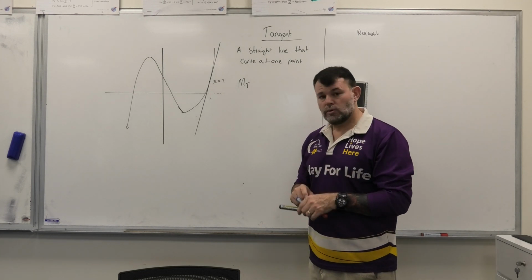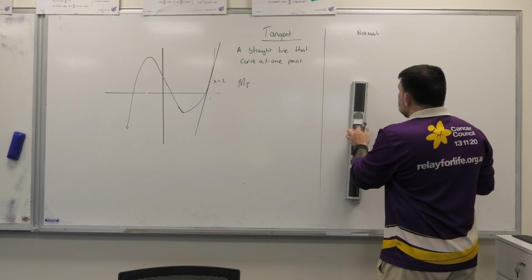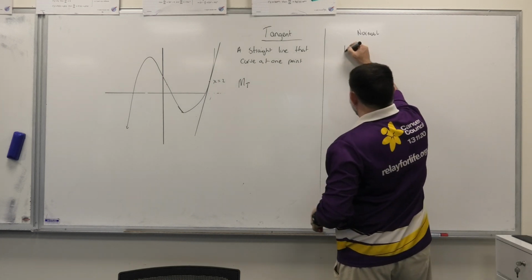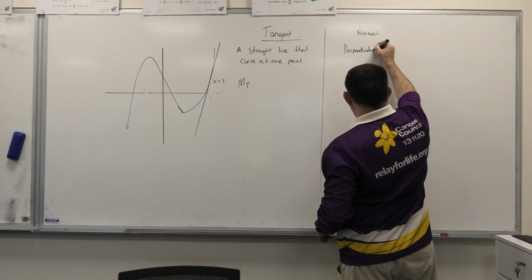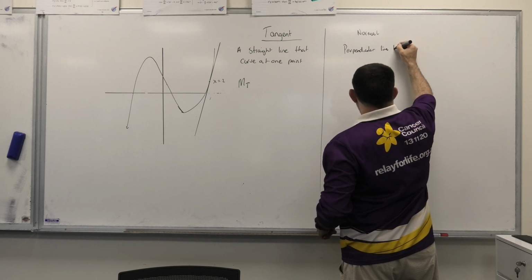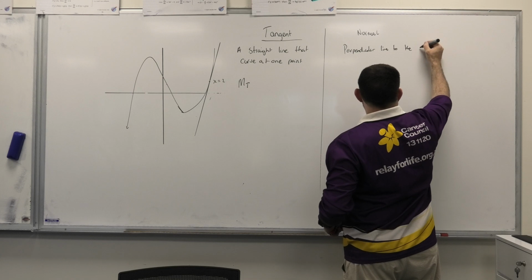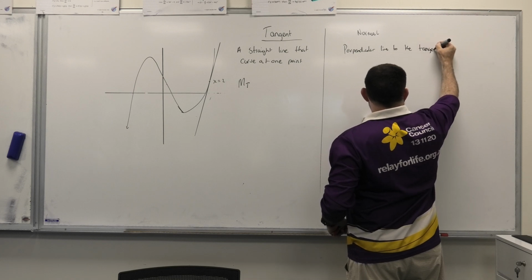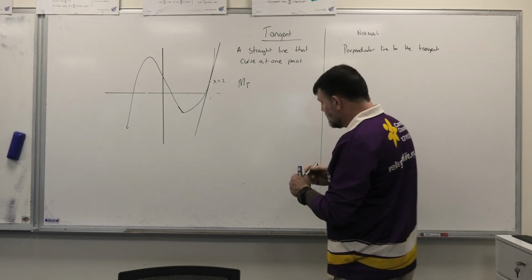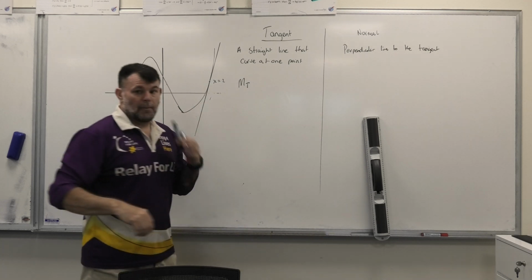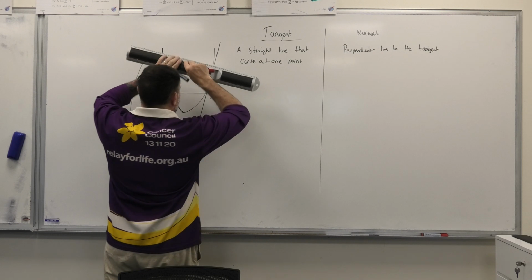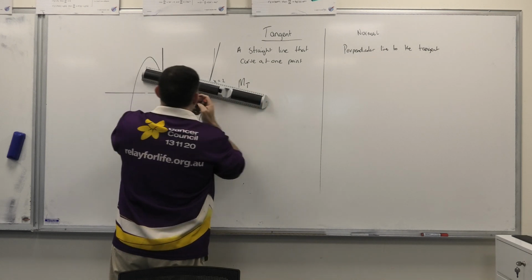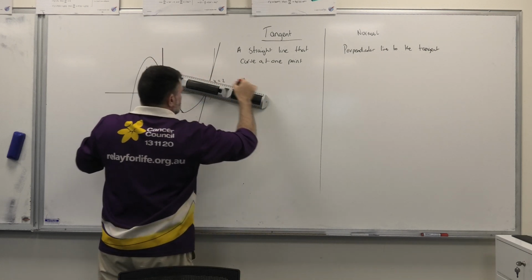The normal is what we call the perpendicular line. So for instance, if I wanted to find the normal when x is equal to 2, then this here is the perpendicular, a 90-degree angle at that point.